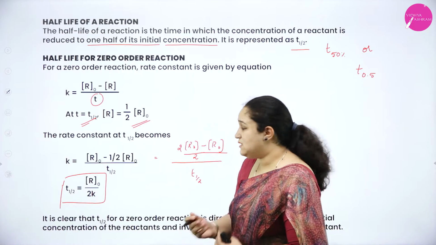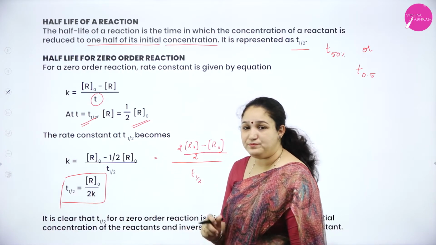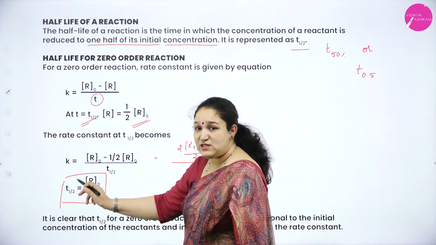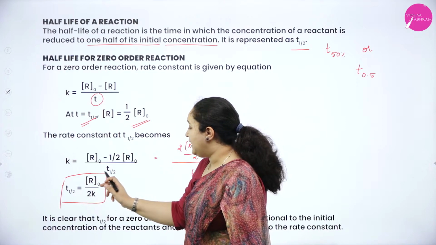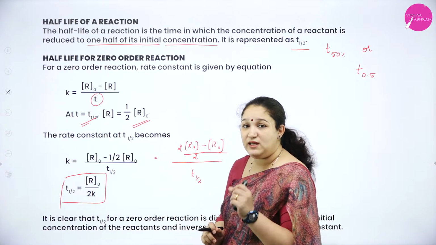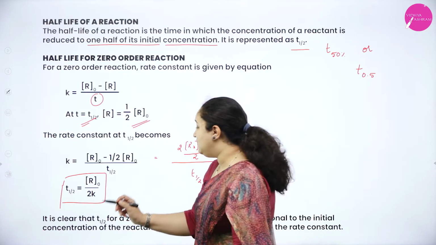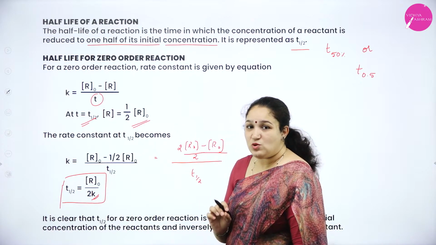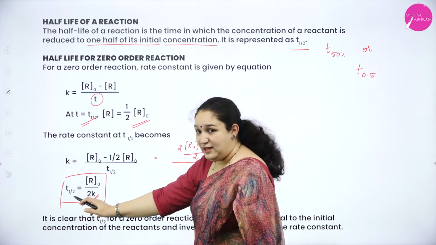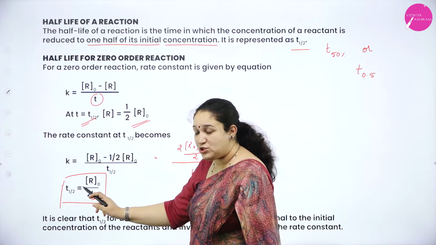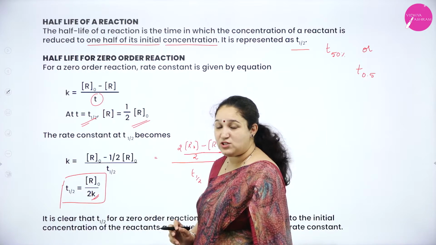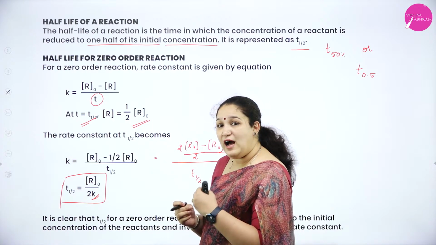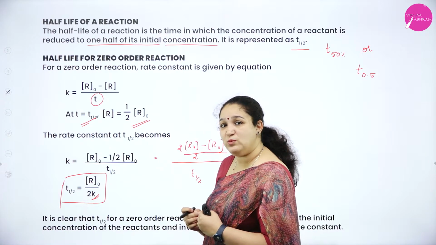Now what can you understand from this particular expression? Half-life of a zero order reaction is directly proportional to the initial concentration and inversely proportional to the rate constant. That is, if the initial concentration increases, even the half-life period for a zero order reaction will increase.